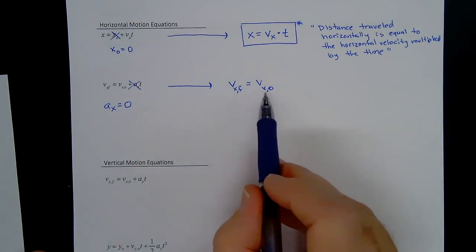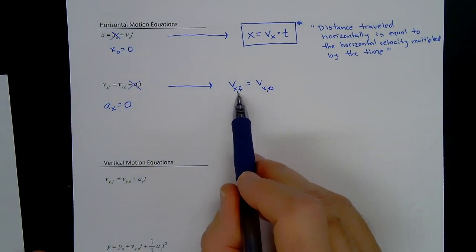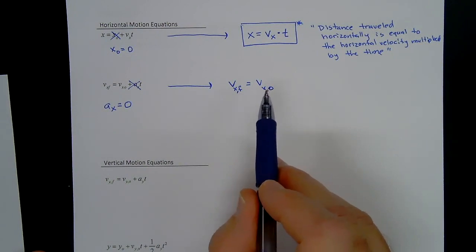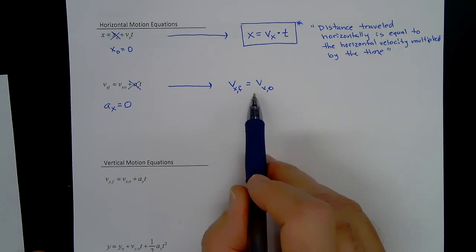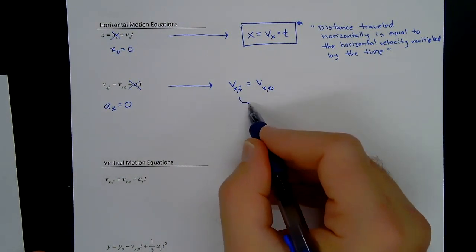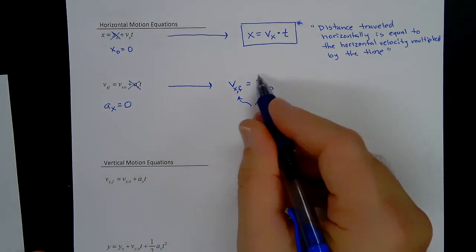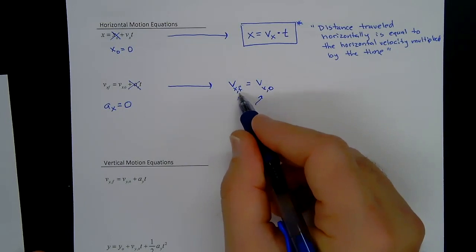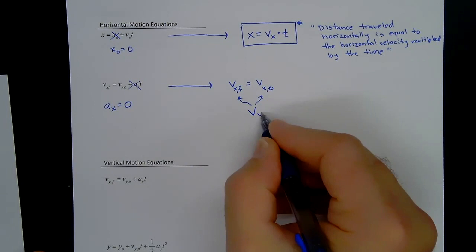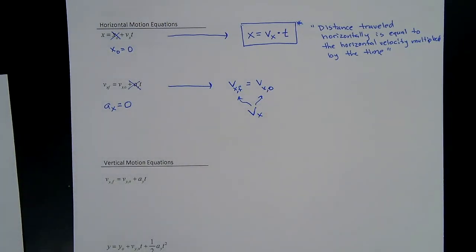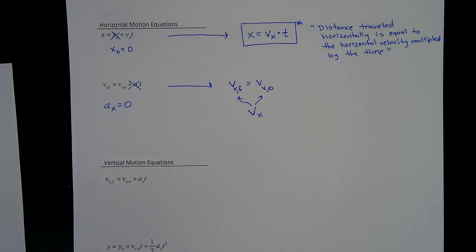So that means the final velocity horizontally and the initial or starting velocity are the same thing throughout. So instead, there's no difference between the final and the original, so we're just going to write v sub x. And v sub x represents the horizontal velocity.